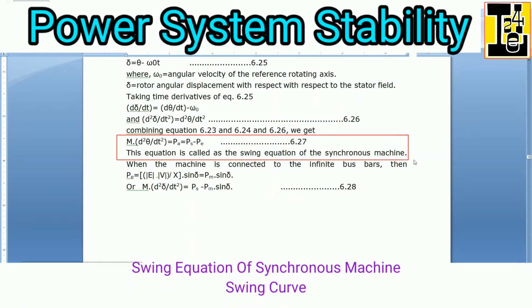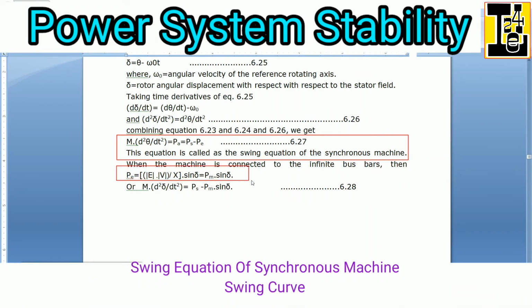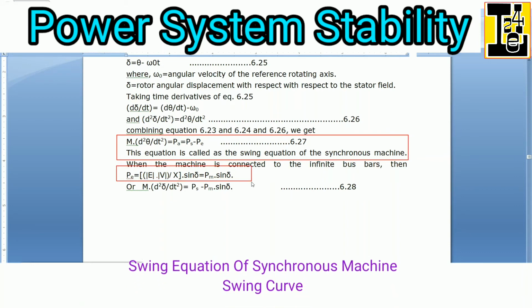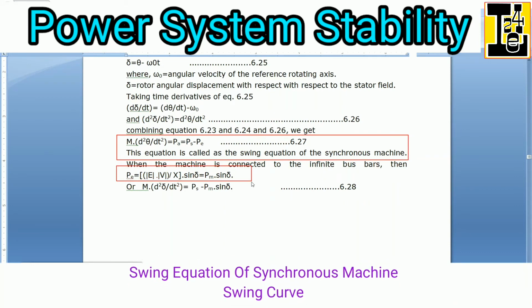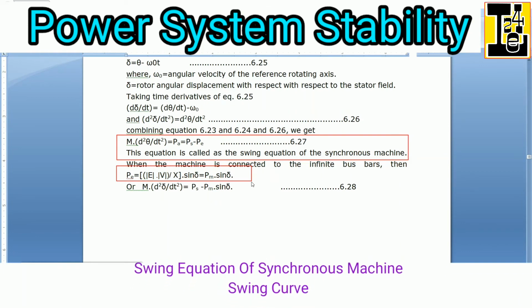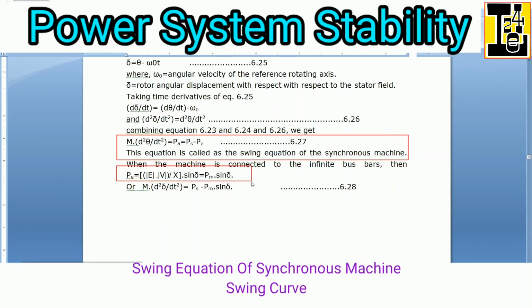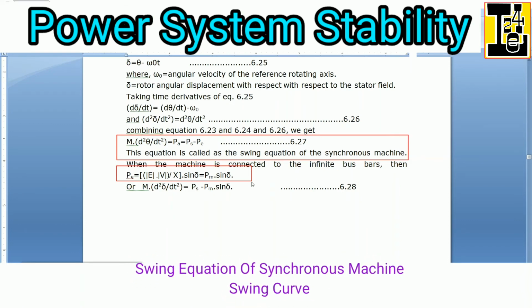When the machine is connected to the infinite bus bars, then PE equals E into V divided by X multiplied by sine delta equals PM sine delta, or it can be written as M d square delta by dt square equals PS minus PM sine delta.